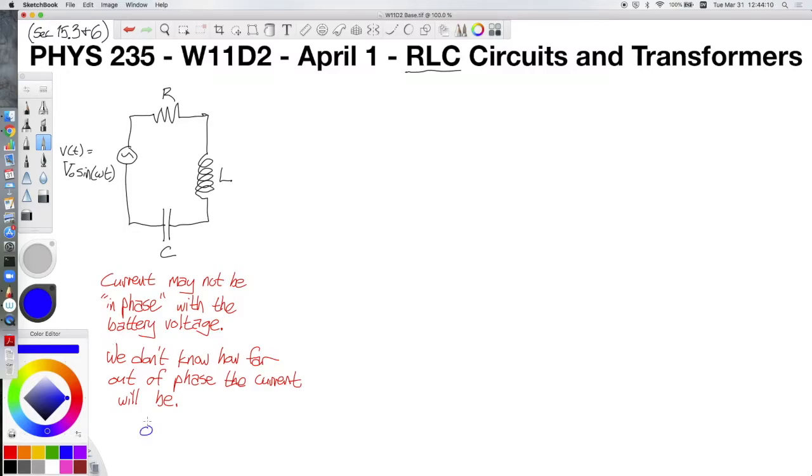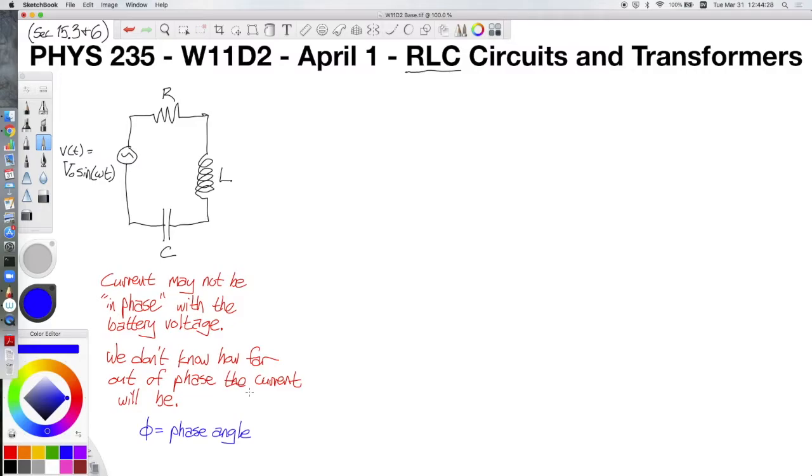We are going to specify a variable called phi, which is known as the phase angle. This is very similar to the phase shifts we talked about earlier in the course, and the phase angle is going to tell us how far out of phase the current is with the battery voltage.